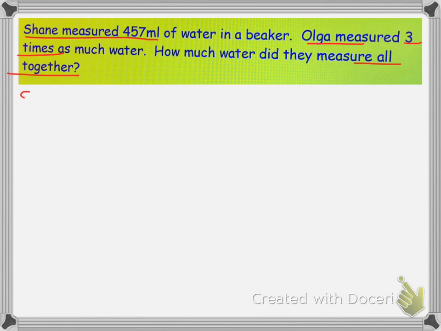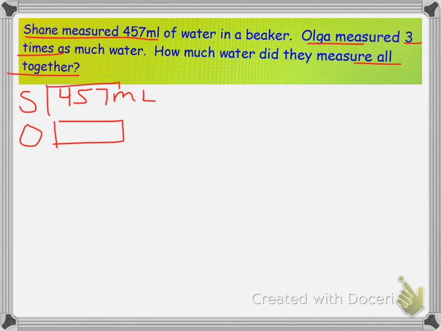So I'm going to record Shane as 457 milliliters. Olga is 3 of Shane: 457, 457, 457. And I know I'm going to multiply by 3 there.